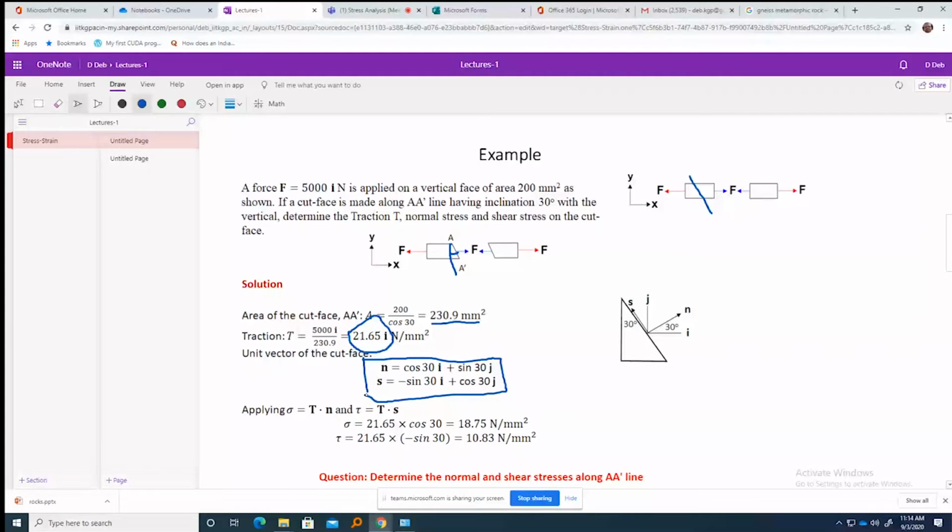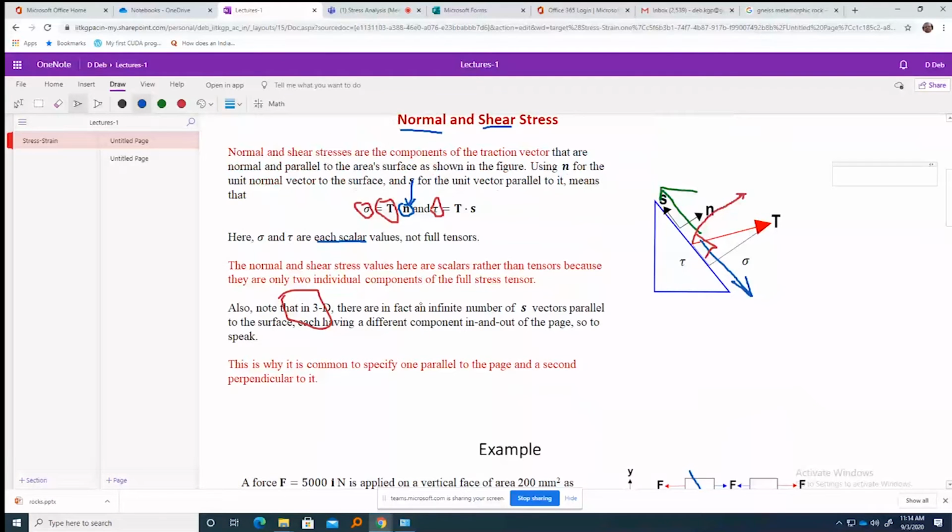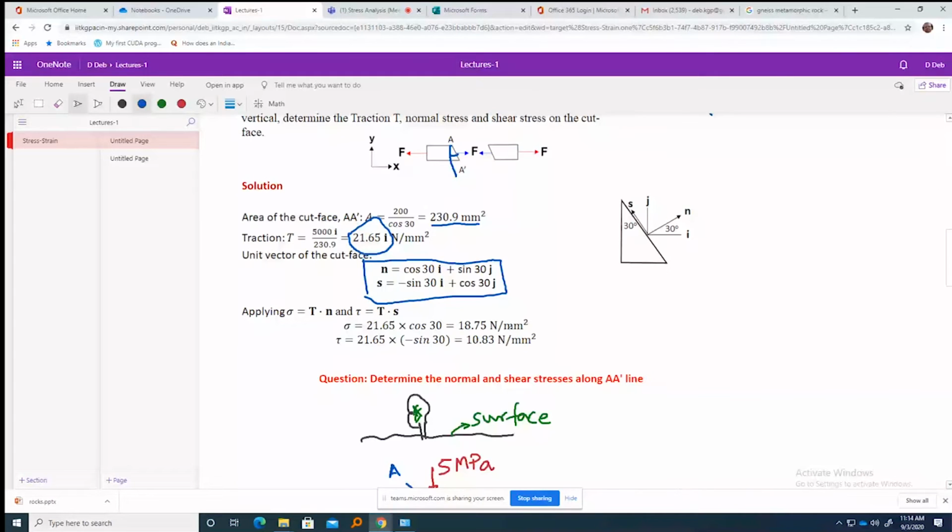If the angle is 30, then what will be n? This is cos 30 and this is sin 30, and this one will be just reversed, minus sin 30 and plus cos 30. Okay, this is the S direction, minus sin 30 plus cos 30. So applying that formula which I gave, T dot n, will give me this.